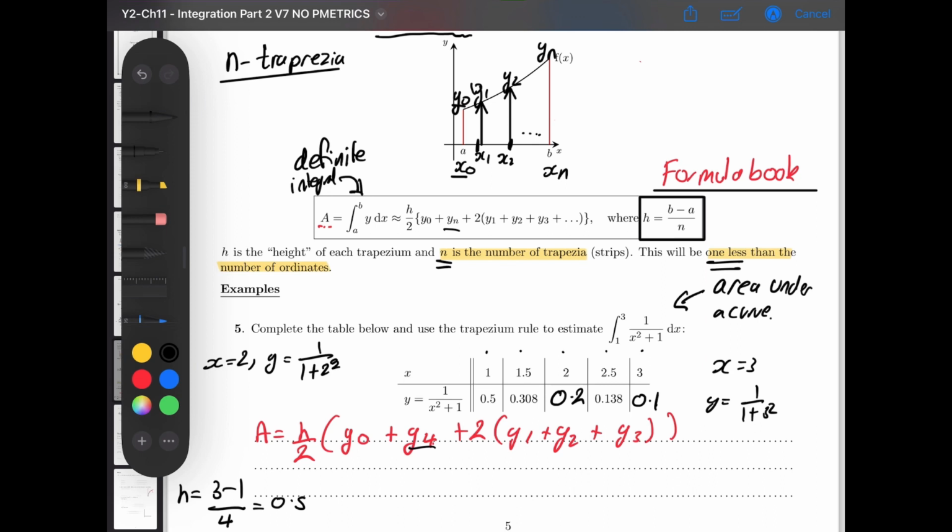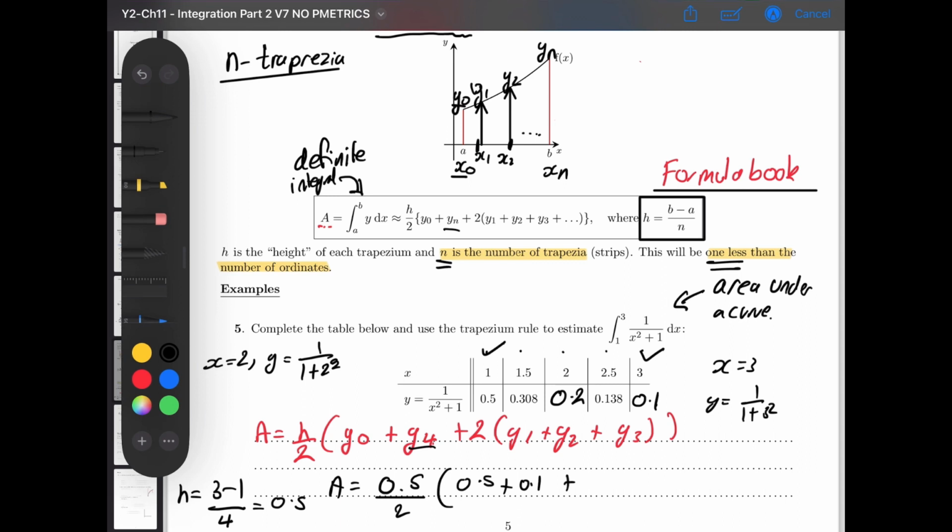And then plugging into a calculation, we get the following sum. 0.5 for h over 2, y0 is also 0.5, plus y4, which is 0.1.